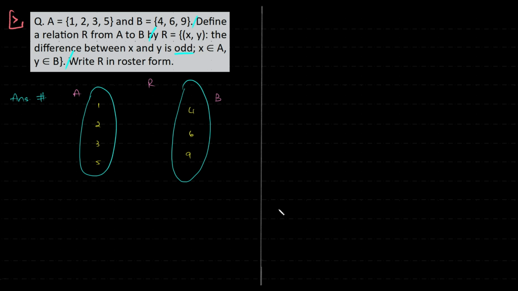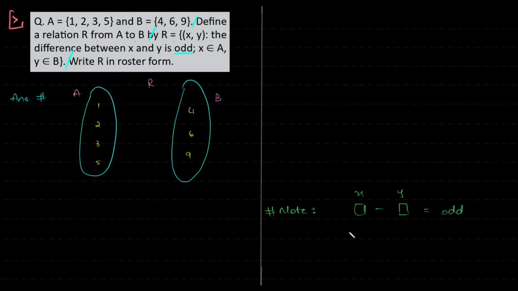Now, a small note. The question is clear about the elements, but not about the relation. What they're telling us is that you have to find the difference between x and y such that the output is an odd number. So we have to think in this way: how am I going to get odd?